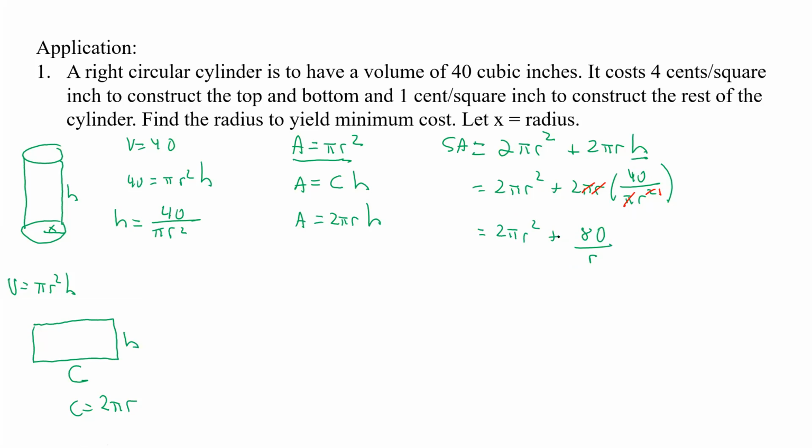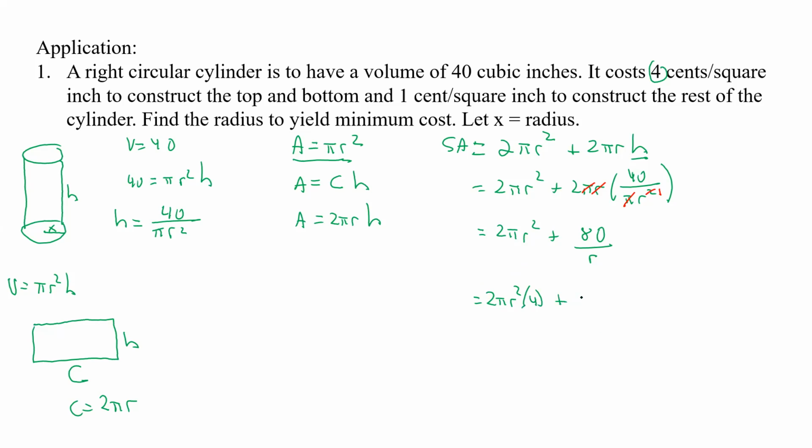All right, now, because we have to consider prices, it's 4 cents per square inch to construct top and bottom. So that's going to come into play here. We're going to have to take this and multiply it times price, because we have the surface area for a price. And so that's going to be 2 pi r squared times 4, because that's the area of the circle, and that was 4 cents per square inch.